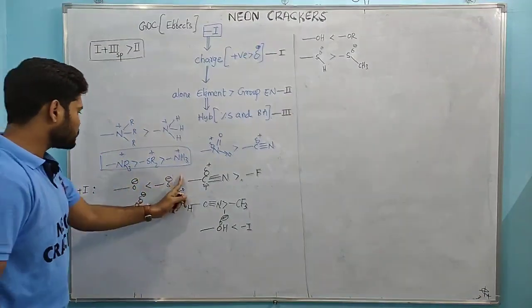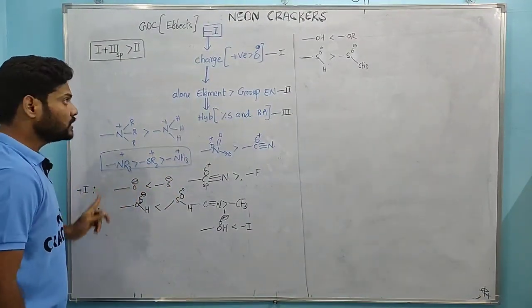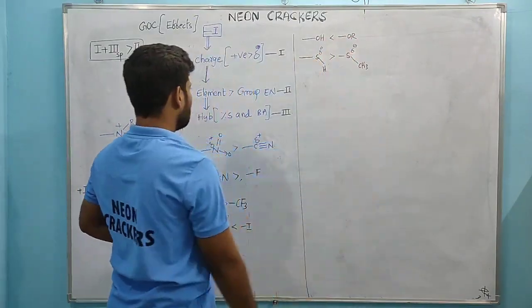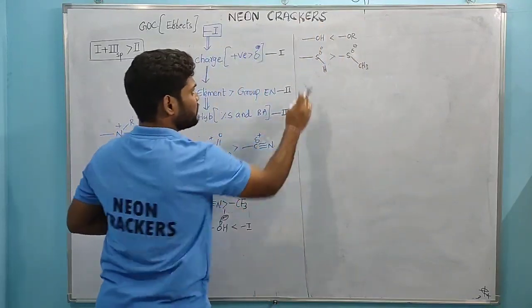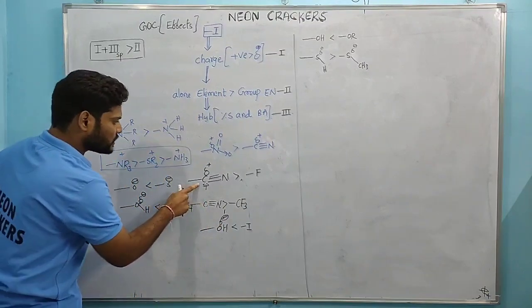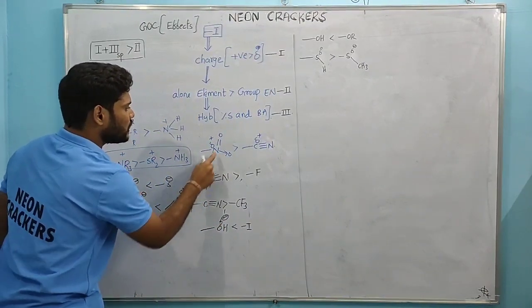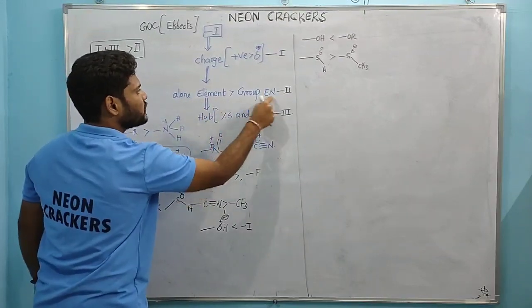But O minus, S minus, and OH and SH are both the same. See the logic, right? Next, these two are group elements because all are partial negative charges. Here this has partial positive charge, and this also has partial positive charge. Means these two are greater than these two elements. So these are elements and those are group elements.